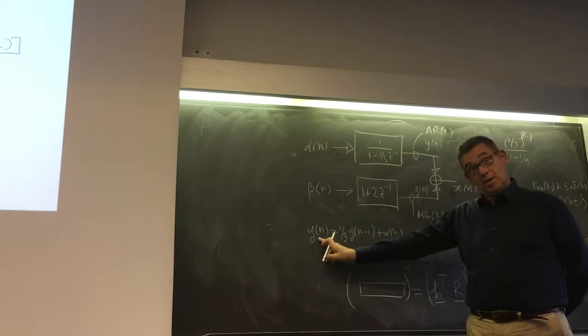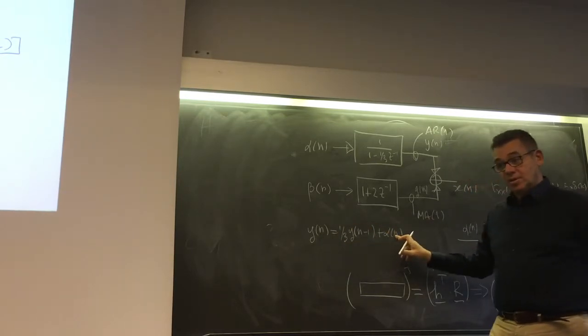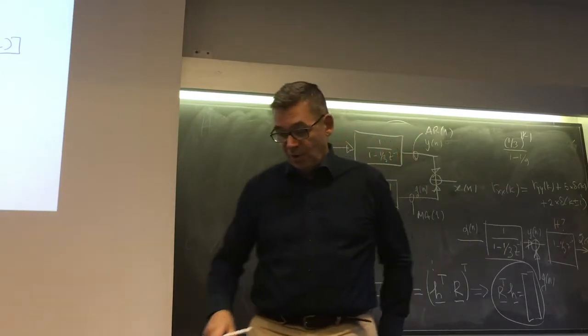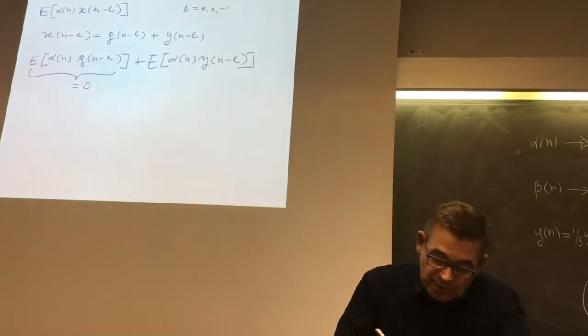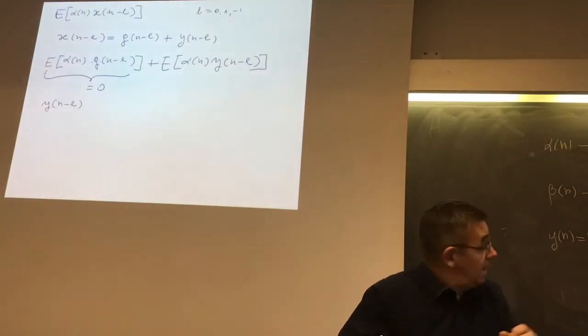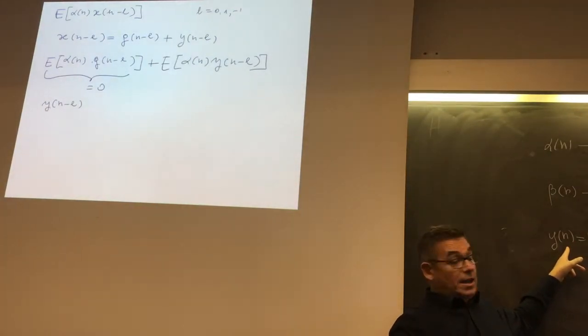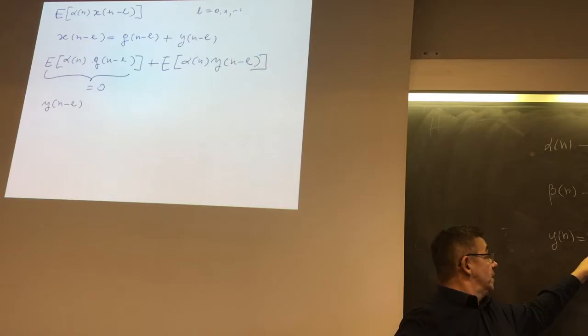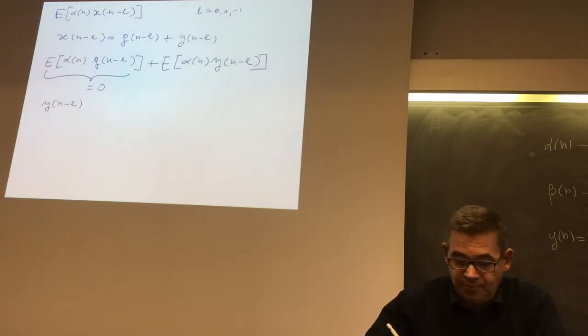Yn plus 1 depends on alpha n plus 1. So let's put this information into the formula for the second part. So yn minus L is equal to 1/3 yn minus L minus 1 plus alpha n minus L.